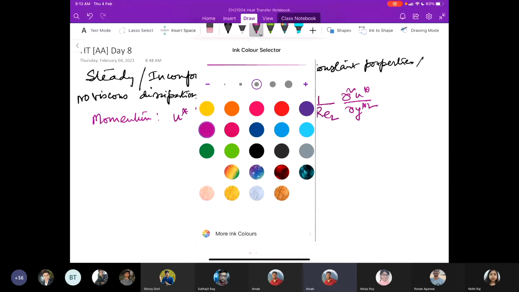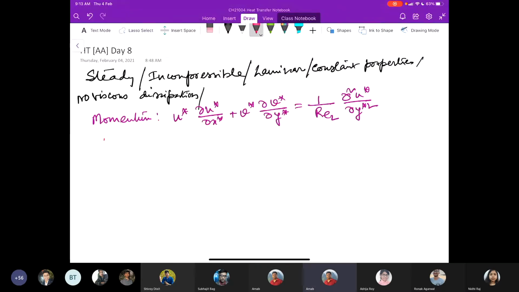So this is the momentum equation, and our energy equation would look like this, with temperature since it is the energy equation.